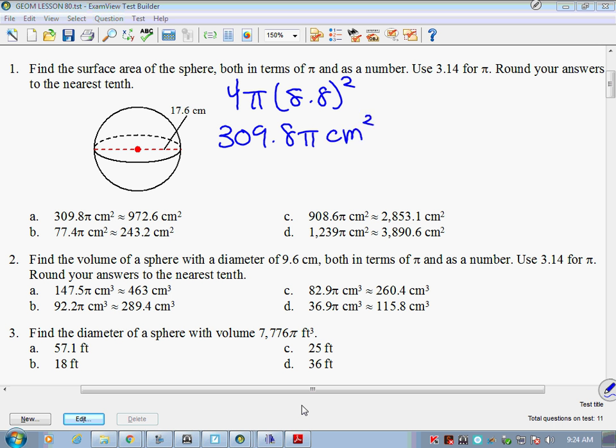Now let's go back. Let's do 4 times 3.14 times 8.8 squared. Tell me what I get just as a pure decimal.